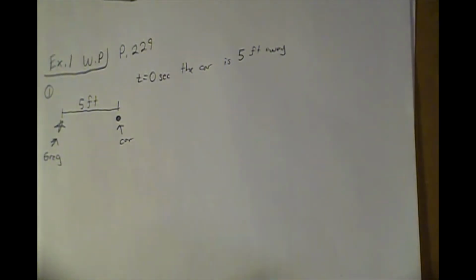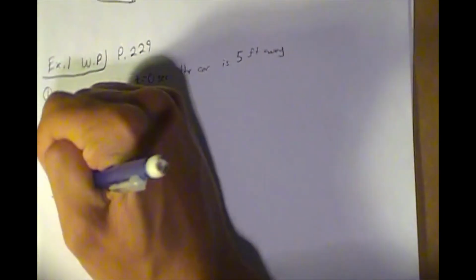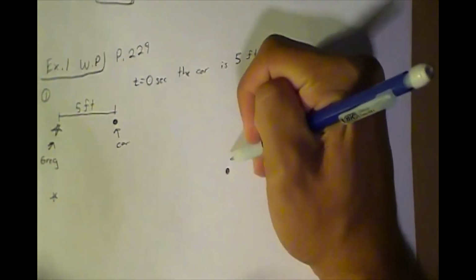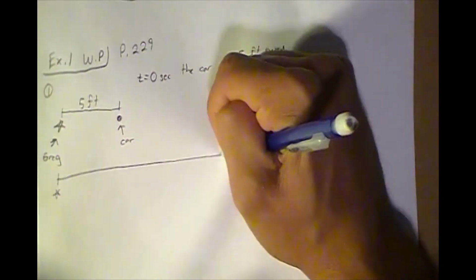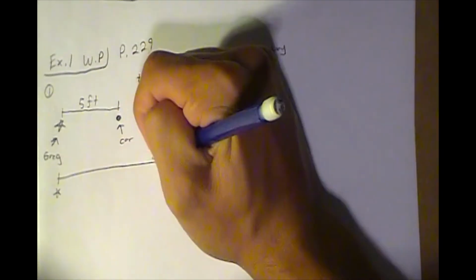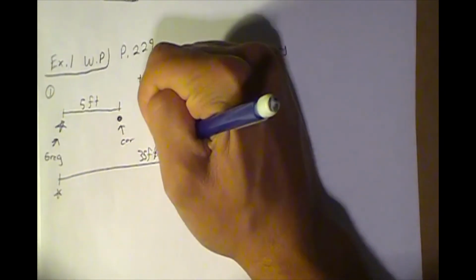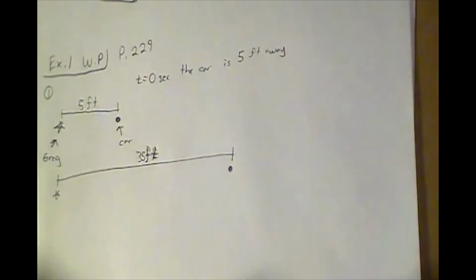Then it states, after 2 seconds, the car is 35 feet away. And this will not be drawn to scale, obviously. So now, this distance has grown to 35 feet. Oh God, just cannot write today. 35 feet.